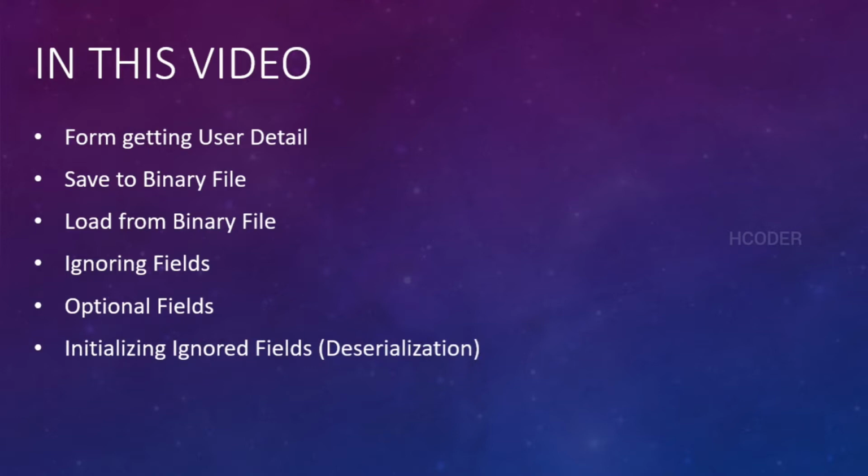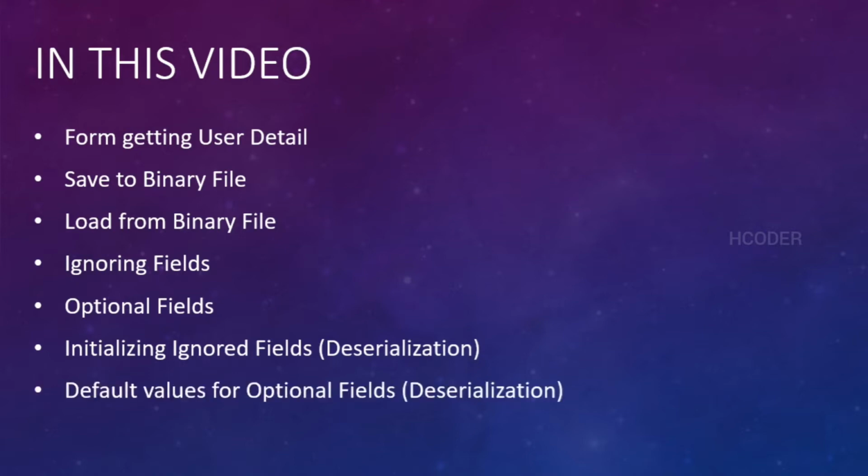And we will see how we can initialize the ignored fields, and also how to set up optional field values if that value is not present in the stream of bytes in the binary data file.